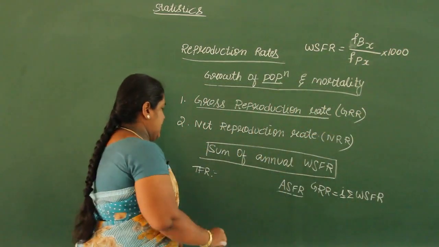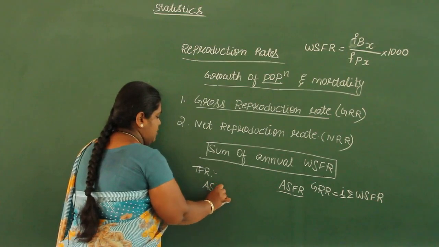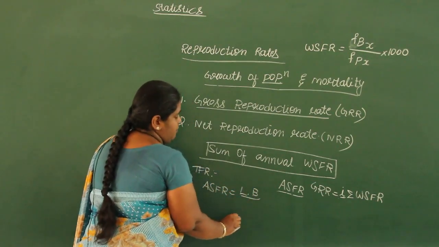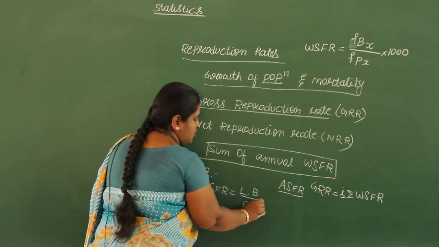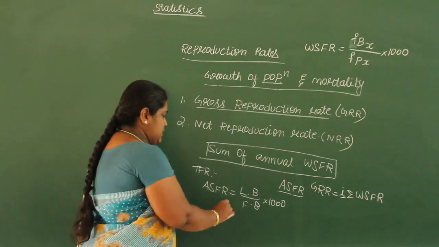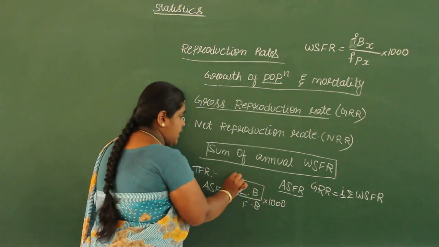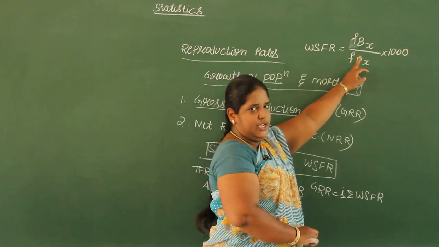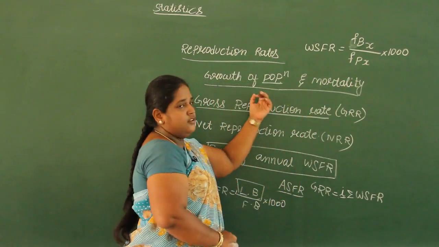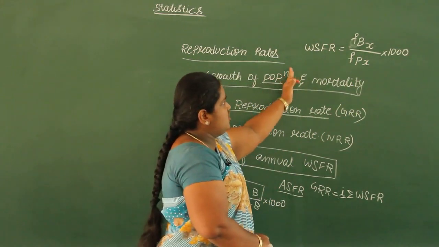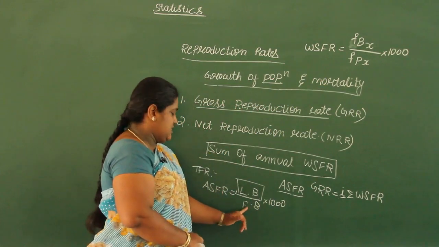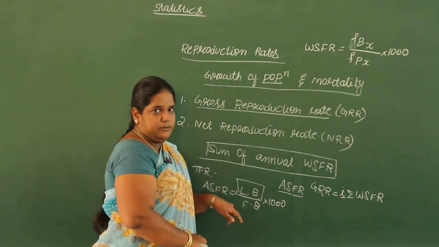How were you calculating ASFR? It is the live birth in a specific age group divided by female population in a specific age group into 1000. If you see here, instead of live birth, we now have female birth. Only that is the difference between the TFR and GRR. So in GRR we will be considering WSFR, and in the TFR we were considering ASFR.